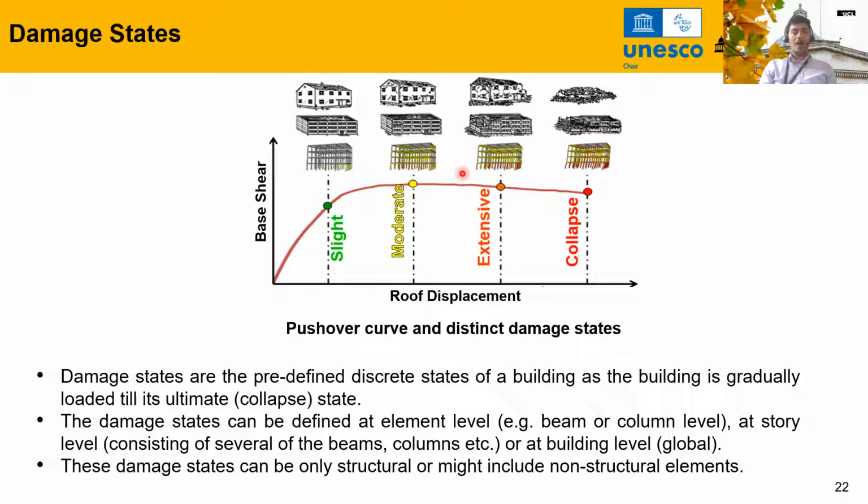Now, after you pass that stage, there is the extensive damage state, where your building has suffered extensive damage, like a few millimeters of cracking, cracks everywhere, diagonal cracks here and there. But your building has not collapsed. Your building is still standing and no life is threatened.